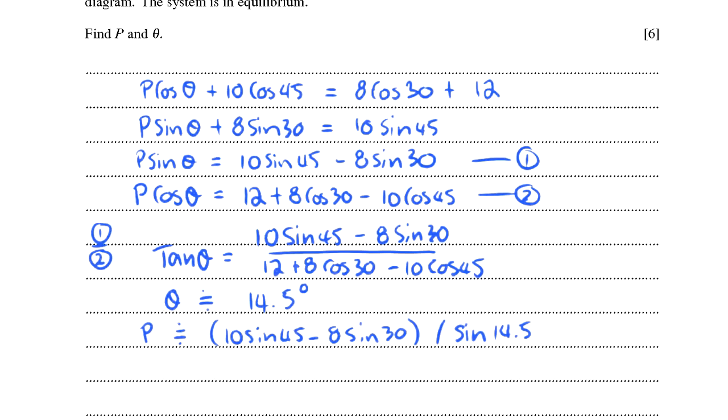So P is equal to 12.248. All right, the front of the paper says give your answer to 3 significant figures. So we'll go 12.248, which becomes 12.2. That's the newtons, the force, and the angle, let's put our answers together, was 14.5 degrees. Finished.